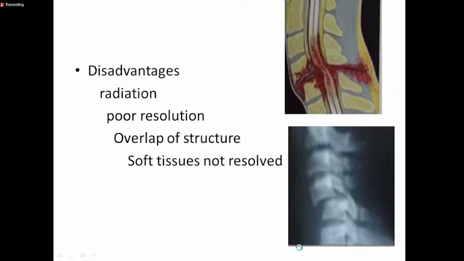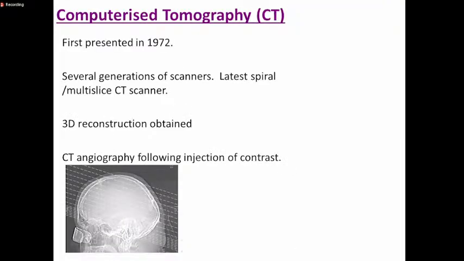That's one disadvantage. The other modality that we use is CT, and CT has been with us for quite some time. Very many generations of CTs have come. Now we are talking about spiral CT, or multi-slice CT, where you do many scans at a go.